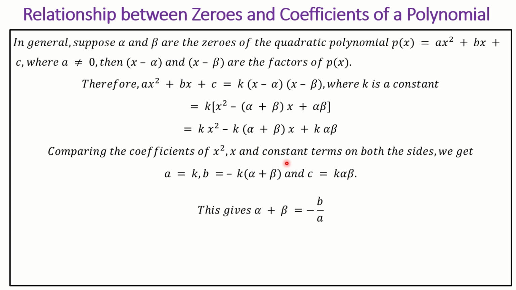Now given that alpha plus beta, sum of zeros, is minus b by a, you can easily see that, correct? And alpha beta, that is product of zeros, is c by a, right? Because k is a, so you can replace it.